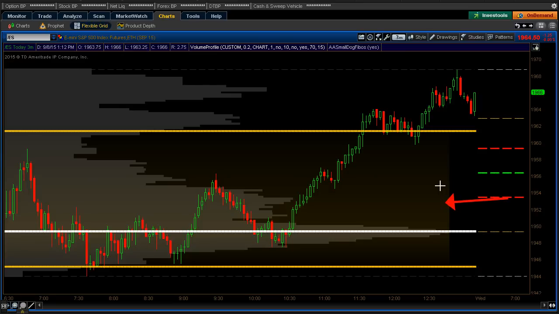It's all price discovery. The market's trying to figure out where the fairest price to do business is. And for us, using Market Profile, we're able to understand and detect this by looking at the point of control. That's letting us know where the fairest price to do business is.